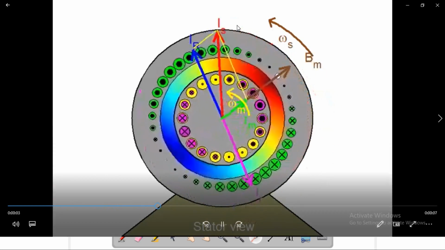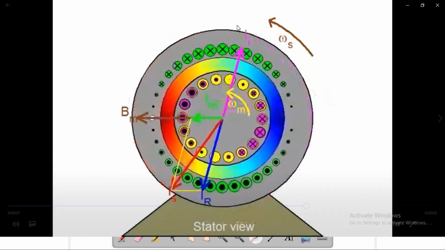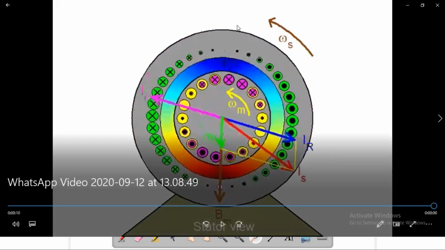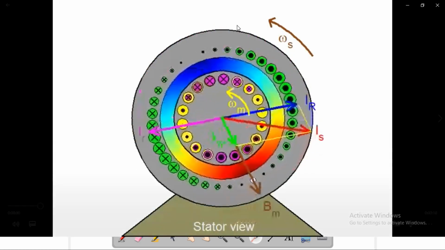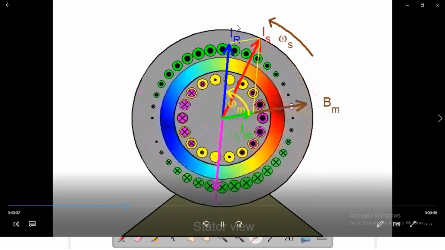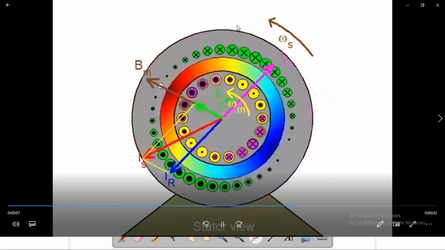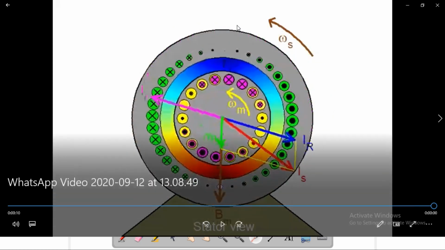So in an induction motor, torque is always produced in the direction of the rotating magnetic field. The torque is produced on the rotor in the same direction as the rotating magnetic field, because the torque tries to reduce the relative speed between stator and rotor.